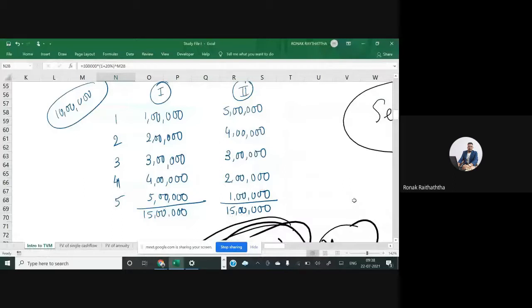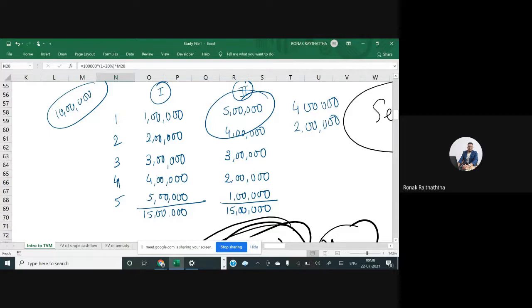Well, I will go with alternative number 2. The reason being, the additional money that you are generating in alternative number 2 will be in year number 1, 4 lakh rupees. And then here you are generating an additional 2 lakh rupees in year number 2 that will remain invested for a further 4 years and 5 years.